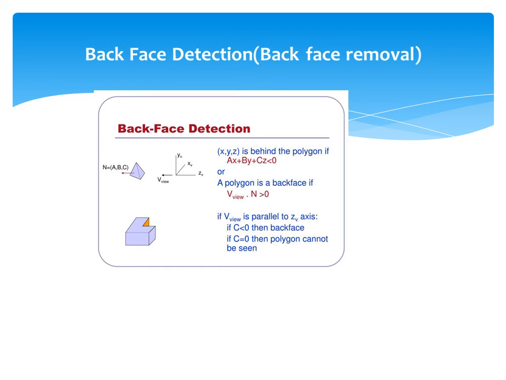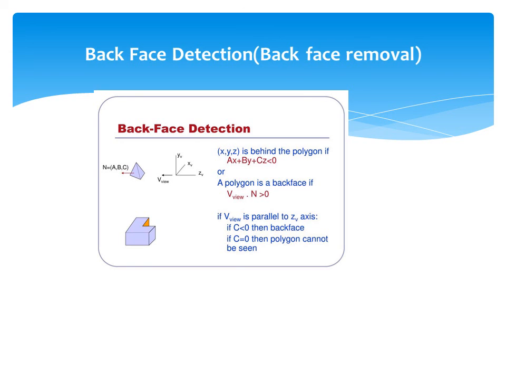Here x, y, z are the view coordinates. A point is behind the polygon if Ax + By + Cz + D is less than 0, or a polygon is a backface if the viewing vector and normal vector product V · N is greater than 0.